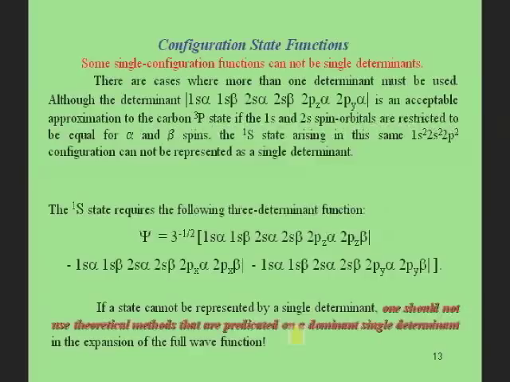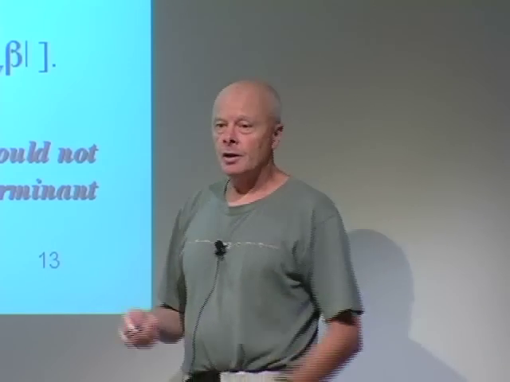If you want to do some calculation where you're breaking the molecule apart and it's going to produce a carbon atom, and you have to do a calculation on the carbon atom, if the carbon's in the ground triplet p state, you're okay. You can use Hartree-Fock theory as your starting point. If the atom somehow is in a singlet S excited state of the carbon atom, you're dead meat. You shouldn't use Hartree-Fock. You have to use techniques that we still need to talk about.